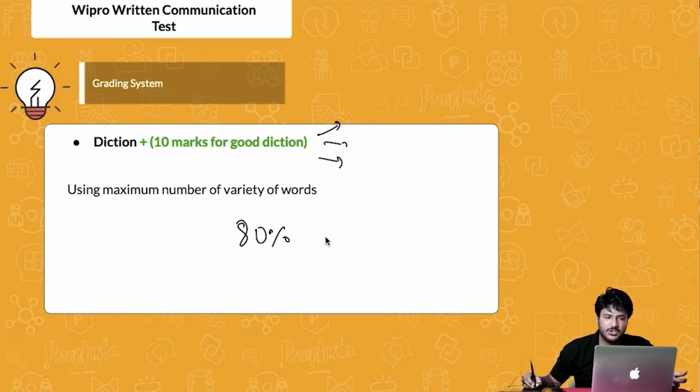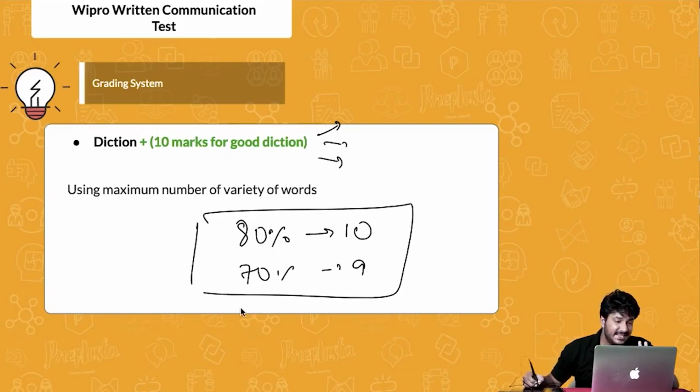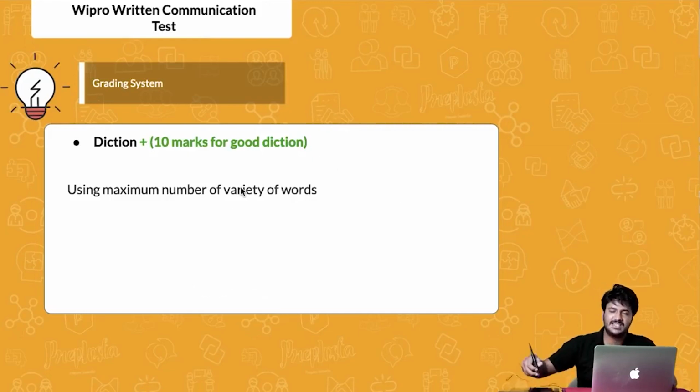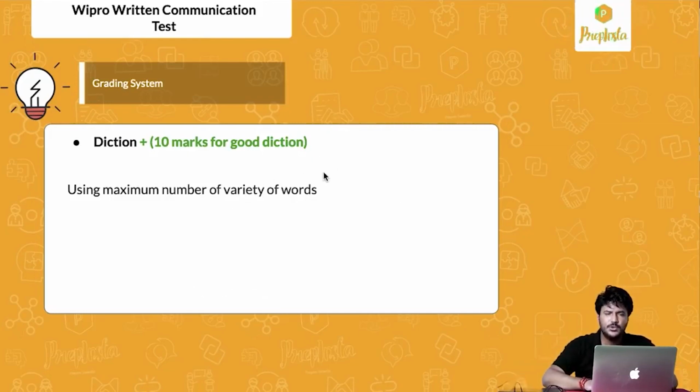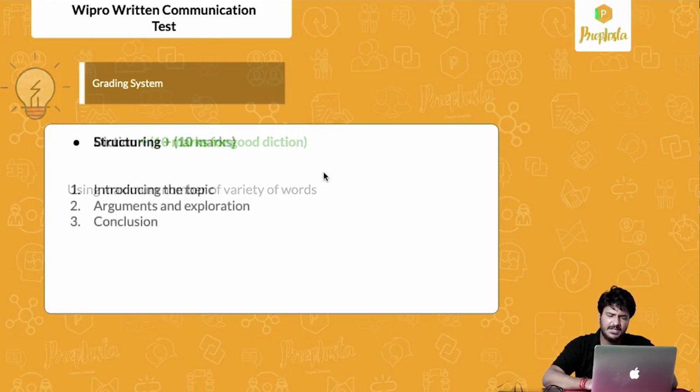I am not sure if 80% is given 10 marks and 70% is given 9 marks. So we do not know exactly in detail, but at least we know diction is 10 marks, right? So the worst case scenario will tell you use variety of words, but using fancy words is not important. You can use them because that is variety, but then again, it's not the parameter that they are judging you for.